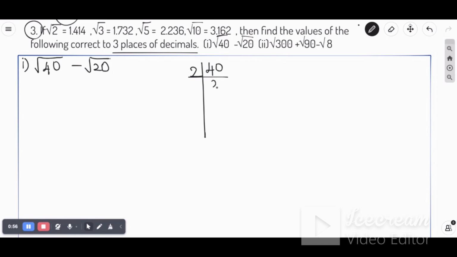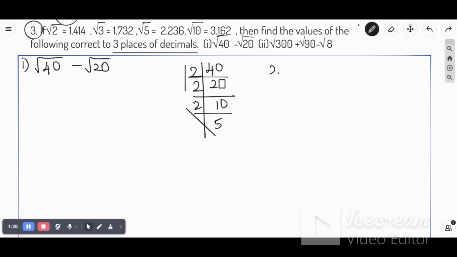So 2, 20, and then you can put your 2 and then a 10. And then you can further put 2 also and a 5. But this is the square root, so till this you can keep it up and club this and keep it, because we have got a root 10 value also, it is easy to multiply.